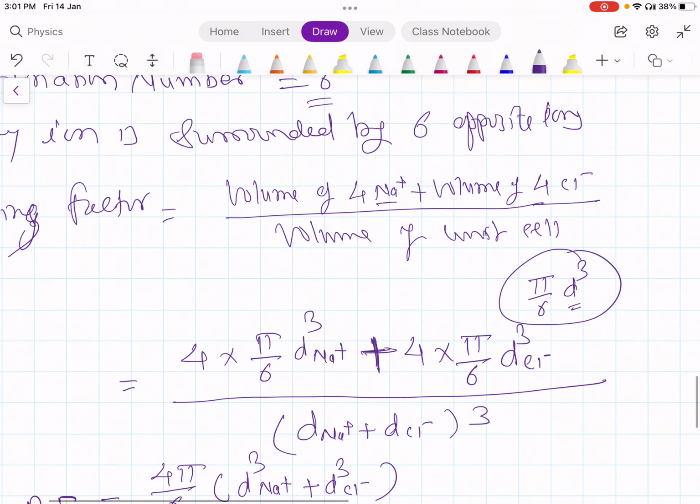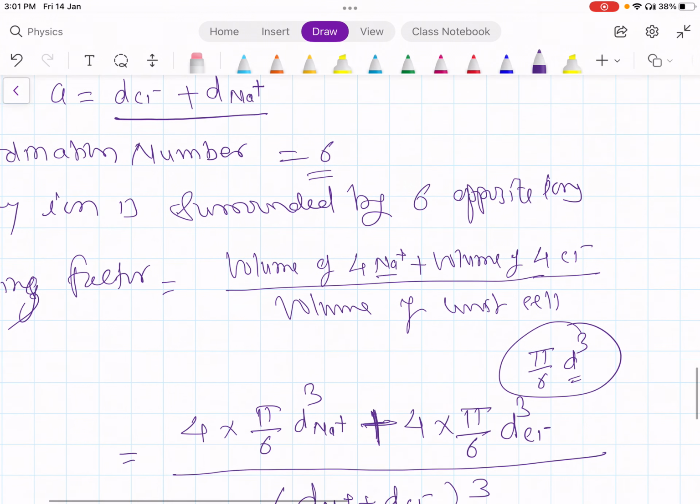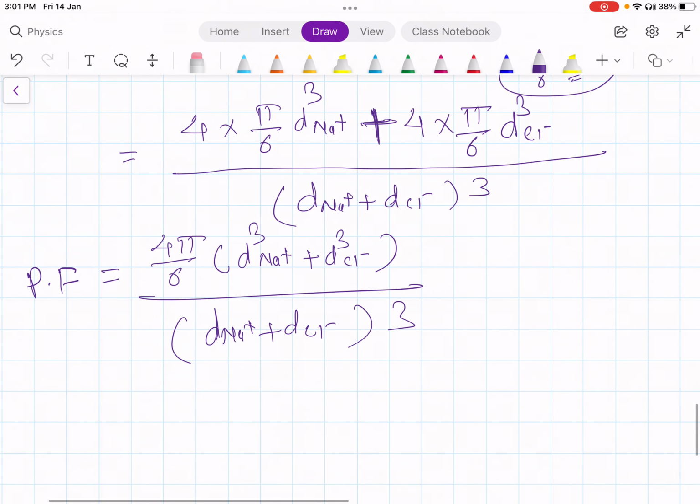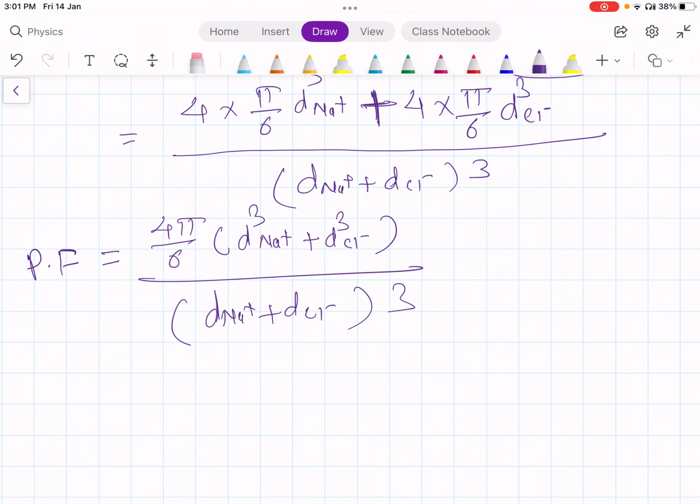Now we have found the lattice constant A and the packing factor for NaCl. But there are several materials which have such an FCC diatomic structure. So we can write general formulas for all.